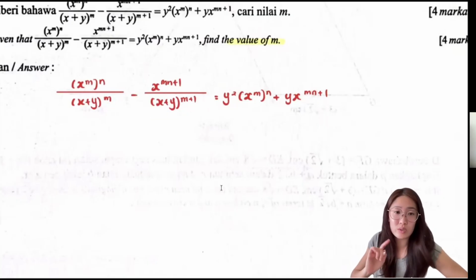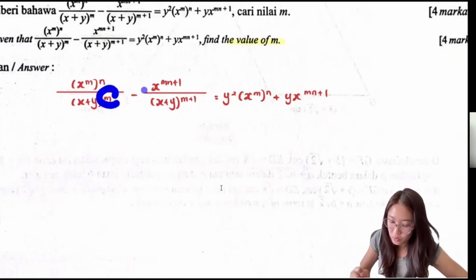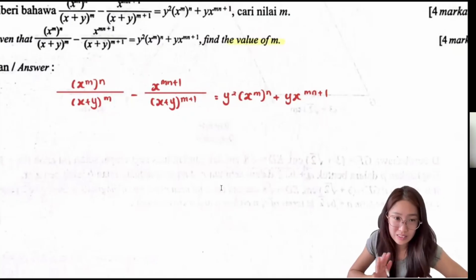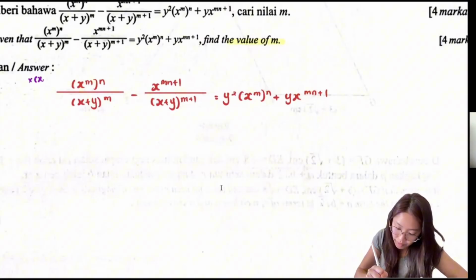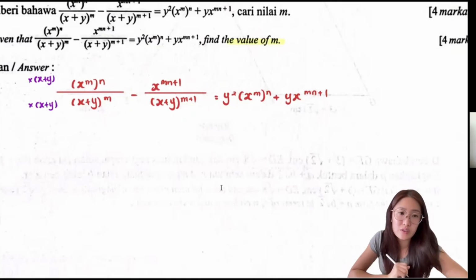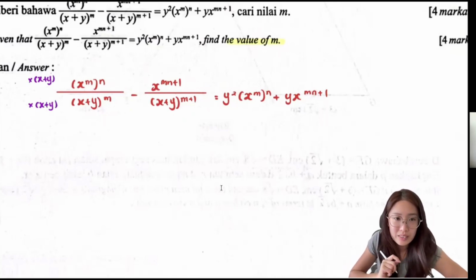So how to make it to the same power? So for m to become m plus 1, it's not plus 1 to the power like that. No. You have to multiply what? You have to multiply one base in. The base is x plus y to add in the power 1. Okay?